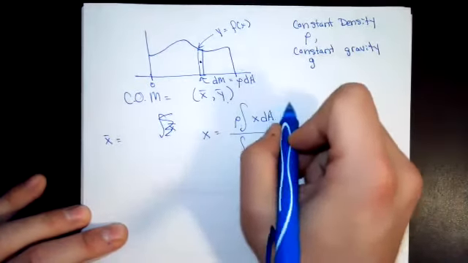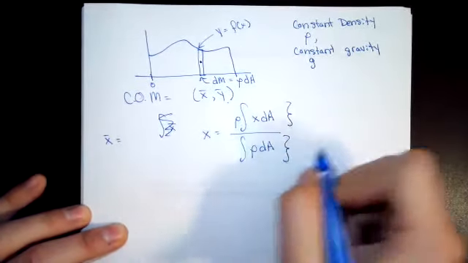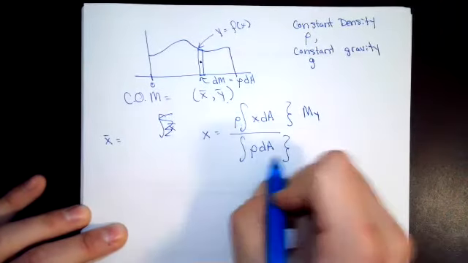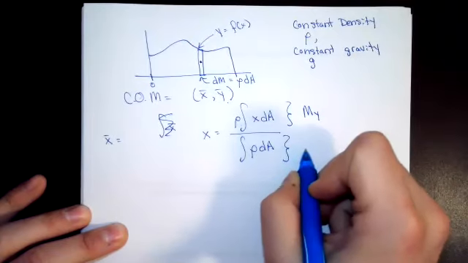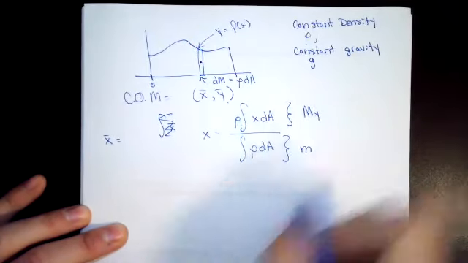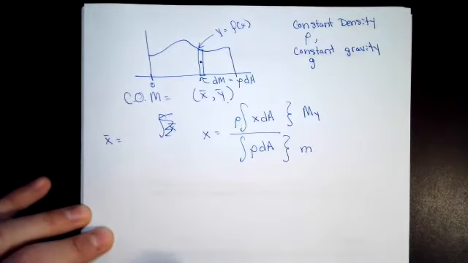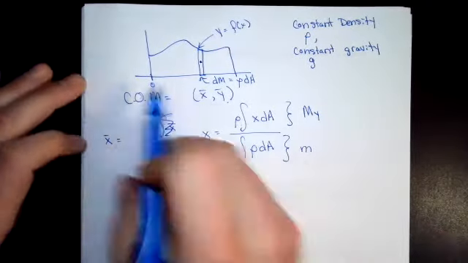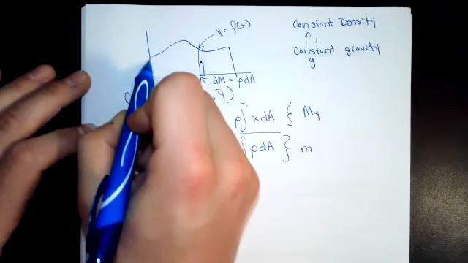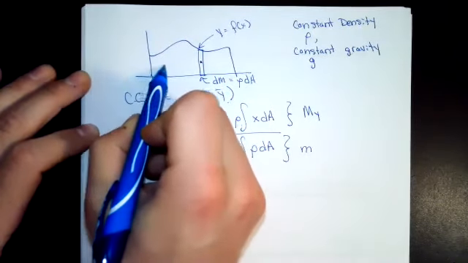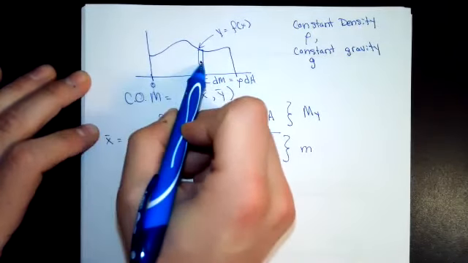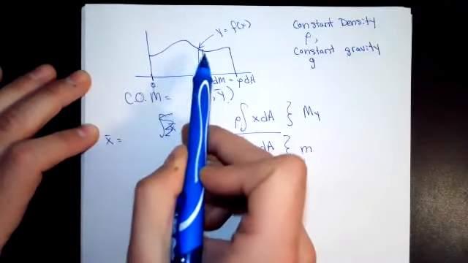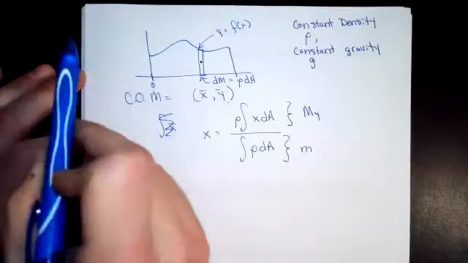So let's pick each of these out in parts because they're a little tedious to write. This top part is called the moment about the y-axis. This bottom part is just our total mass. Why do we call it the moment about the y-axis? Well, you can imagine that if I fix the y-axis, I'm measuring how far things are from the y-axis. This moment, in some sense, gives me a measurement of how hard it is to rotate something about the y-axis.